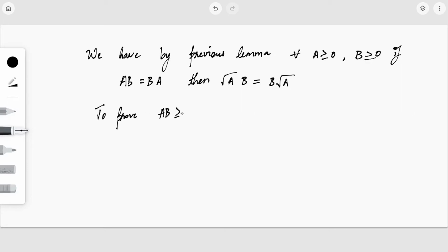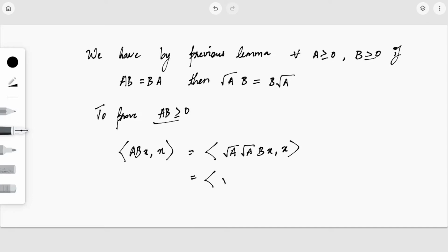To prove AB greater than or equal to 0, I'll be evaluating the inner product of ABx comma x. Instead of A, I can write root of A into root of A, so I have root A B x comma root A x.